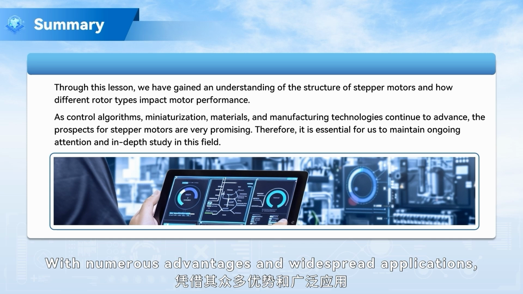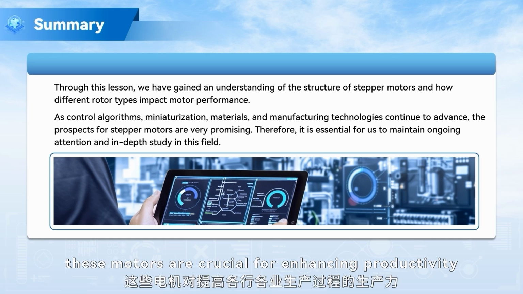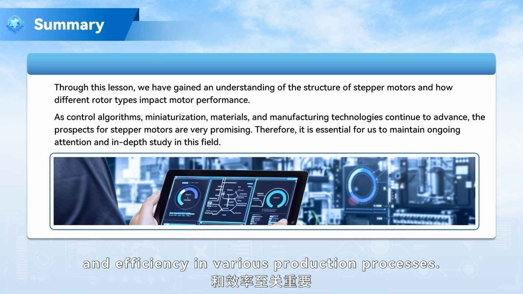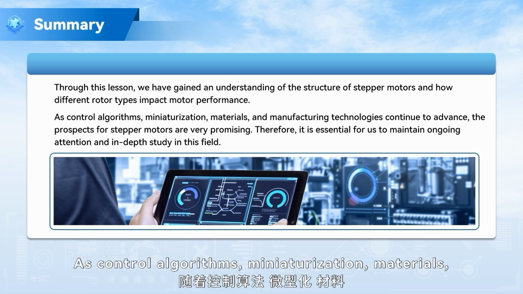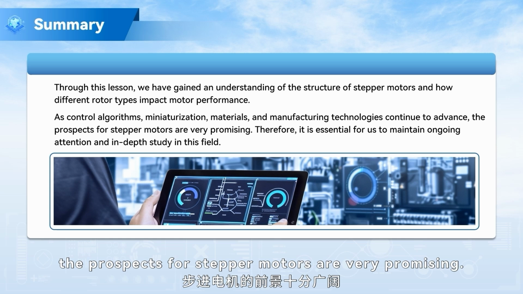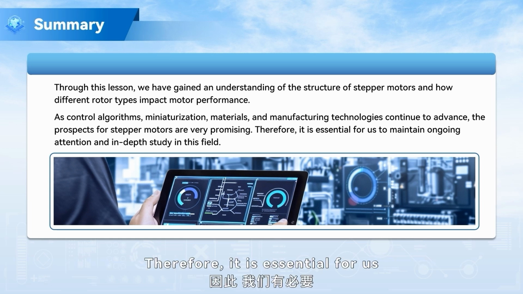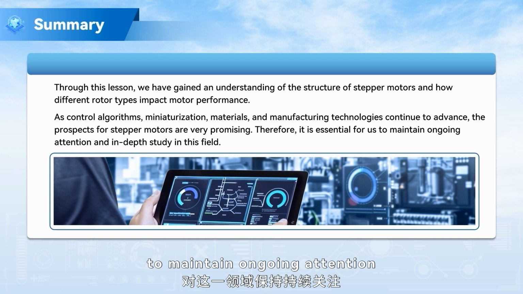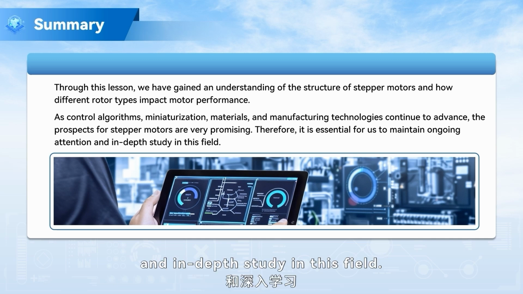With numerous advantages and widespread applications, these motors are crucial for enhancing productivity and efficiency in various production processes. As control algorithms, miniaturization, materials, and manufacturing technologies continue to advance, the prospects for stepper motors are very promising. Therefore, it is essential for us to maintain ongoing attention and in-depth study in this field.